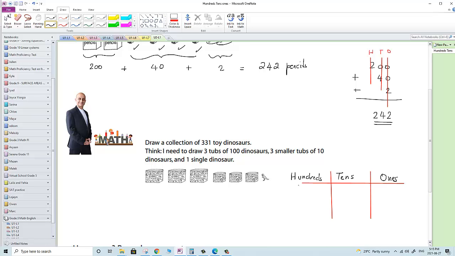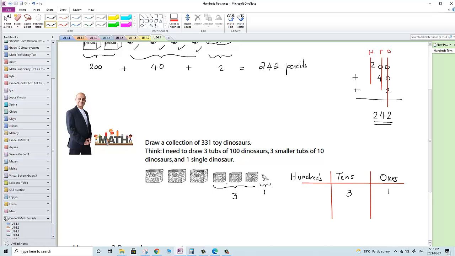So now I can add everything by itself. How many toy dinosaurs are 1? I have only 1. Can you see this one? It's only 1. So I put it under the 1. Here it's written 10, 10, 10 in this box. So this is a group of 10. How many groups of 10? I have 3. 3 tens.